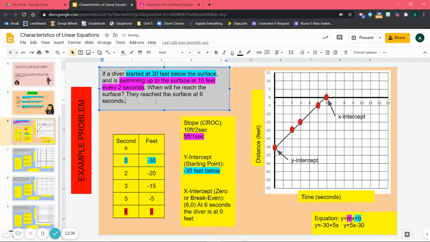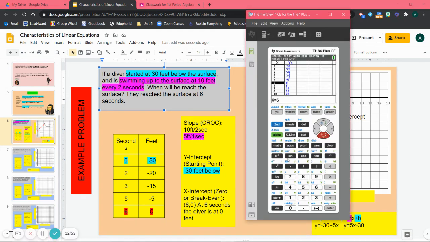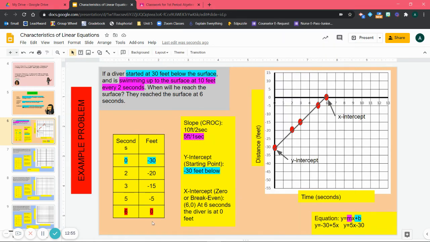Okay. So we found our slope and y-intercept from our word problem. 5 feet every 1 second, negative 30 feet below. We created an equation to plug into our calculator so that we can find out our information. And if I look here at my table, I can find my y-intercept always when time is 0 seconds.